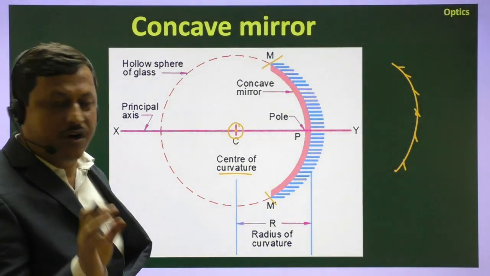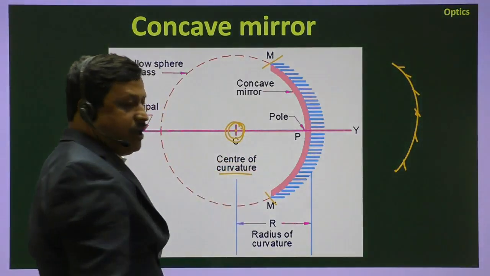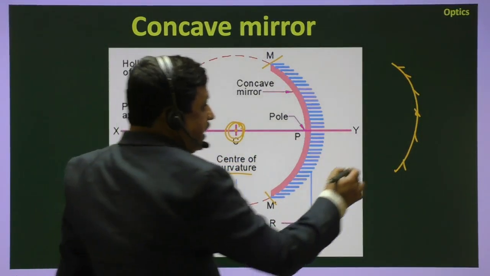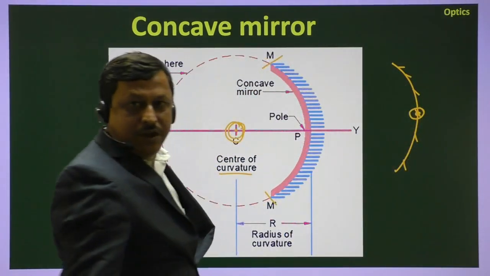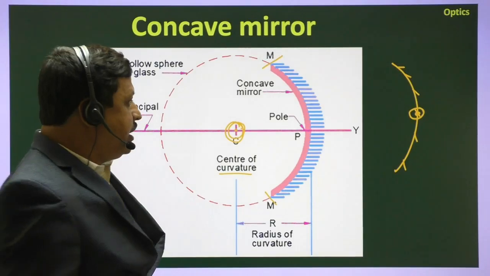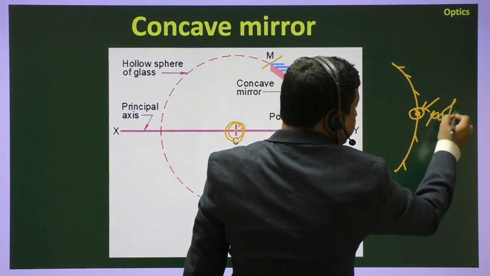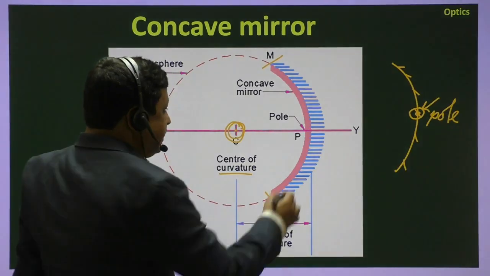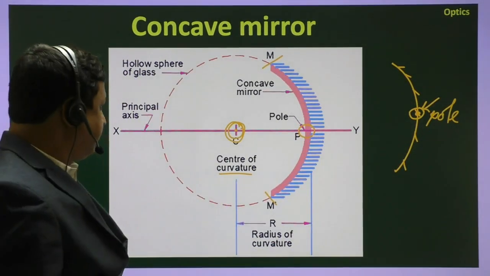The center is this, called the center of curvature, but there is also a central point of the mirror. This central point is called the pole of the mirror.